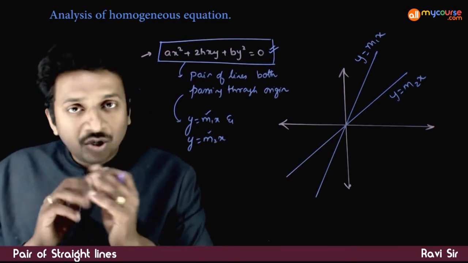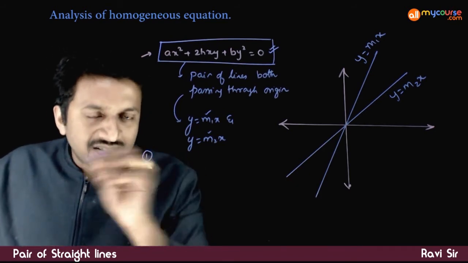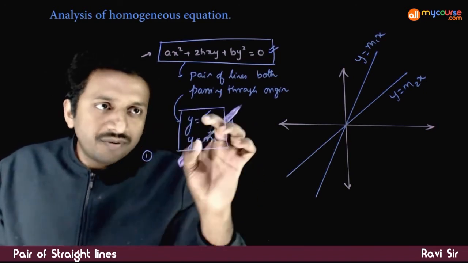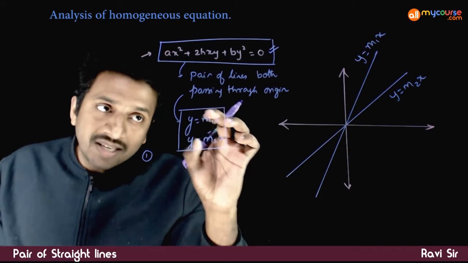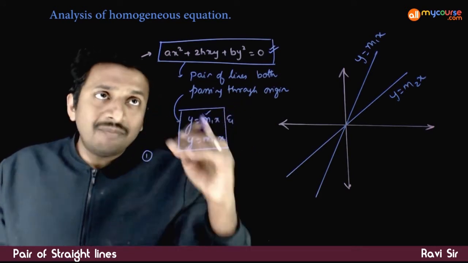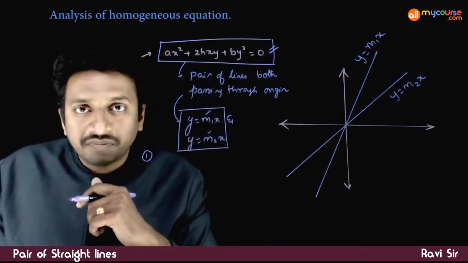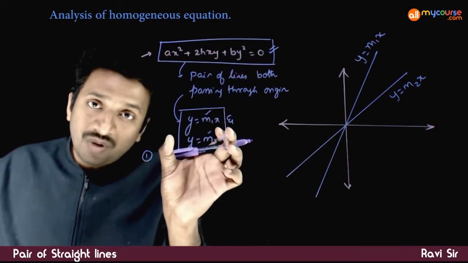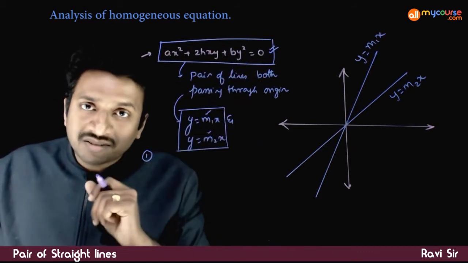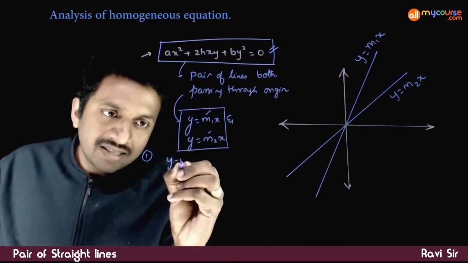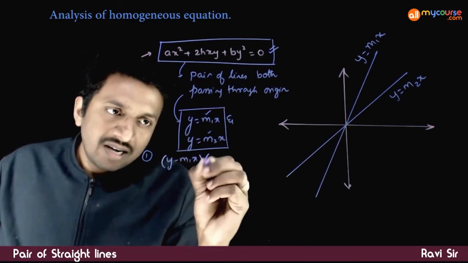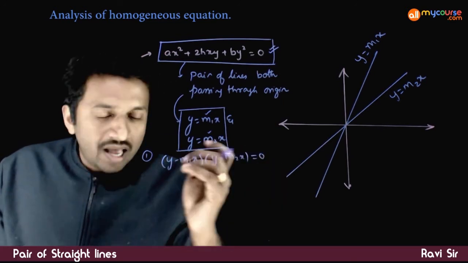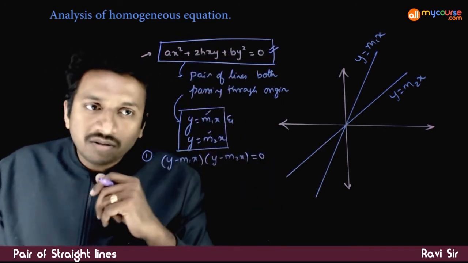To do that, there are two methods. The first is to get the equation of the pair of lines y is equal to m1x and y is equal to m2x and compare it with the given equation. So if this represents the pair of lines y equal to m1x and m2x, then y minus m1x times y minus m2x is equal to 0 has to represent the same equation.